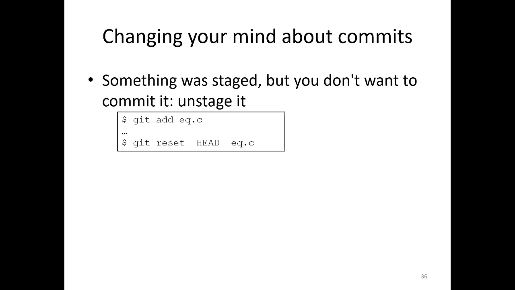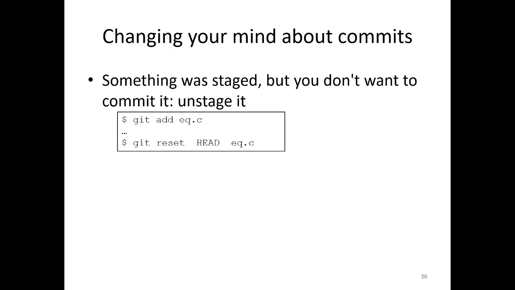So if you did a commit and you don't want to, or you already did the stage but you don't want to commit yet, so in the last case you can unstage it. So you do a git add of eq.c, you do some stuff, you change your mind.